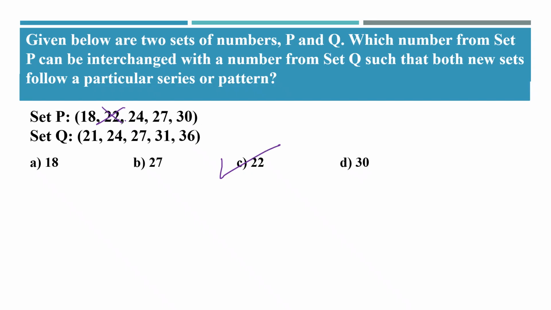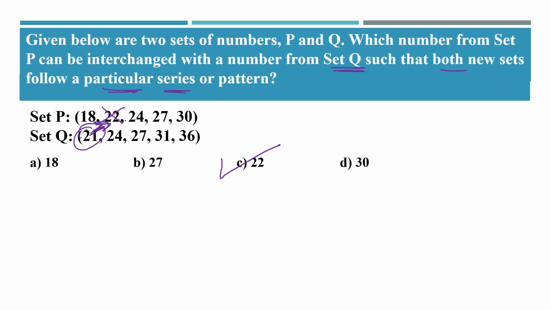But still, they have asked us to check that both sets P and Q follow a particular series or pattern. Okay, 22 is the right answer for now. Let's check what number is to be replaced there. Obviously 21, right? So let's remove 21 and give it back.